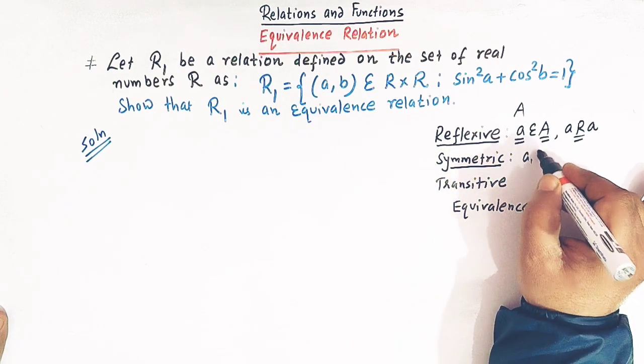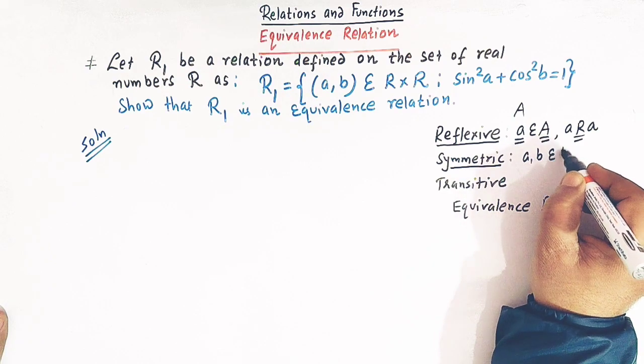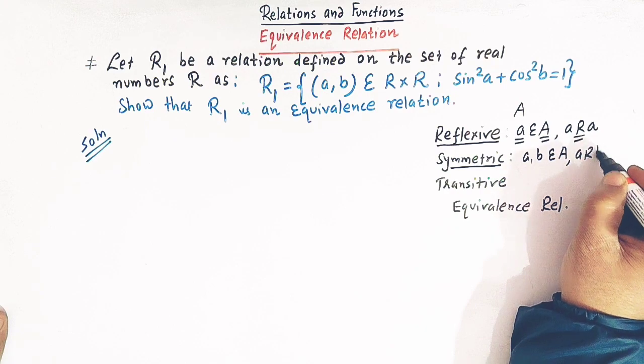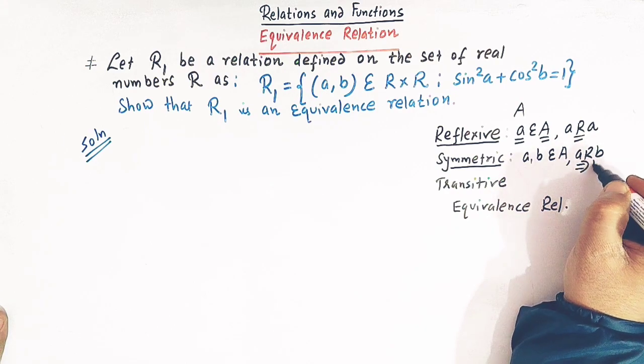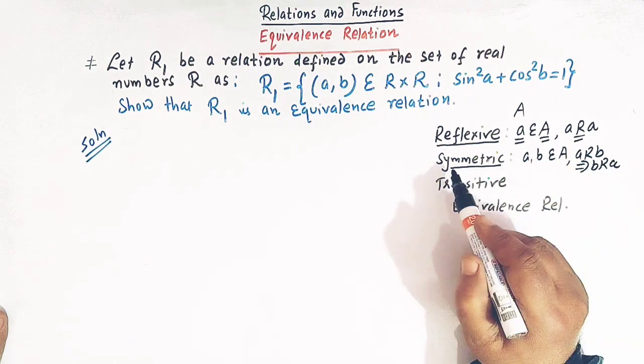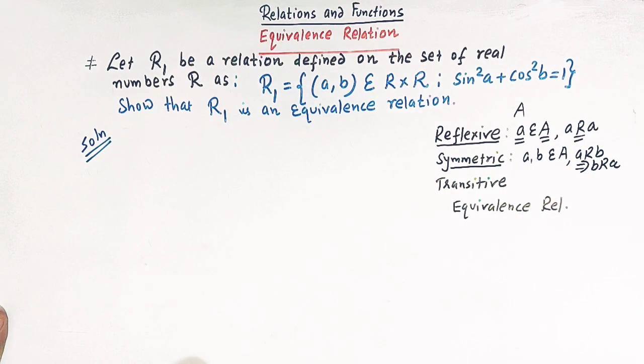And in case of symmetric relation, if we have two elements, say a and b, belonging to the set A, and if a related to b implies that b related to a, then the relation R is said to be symmetric, right?